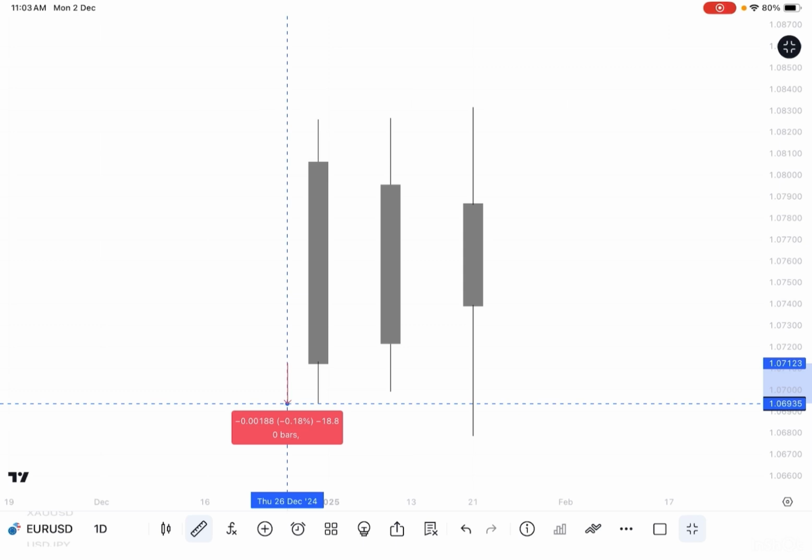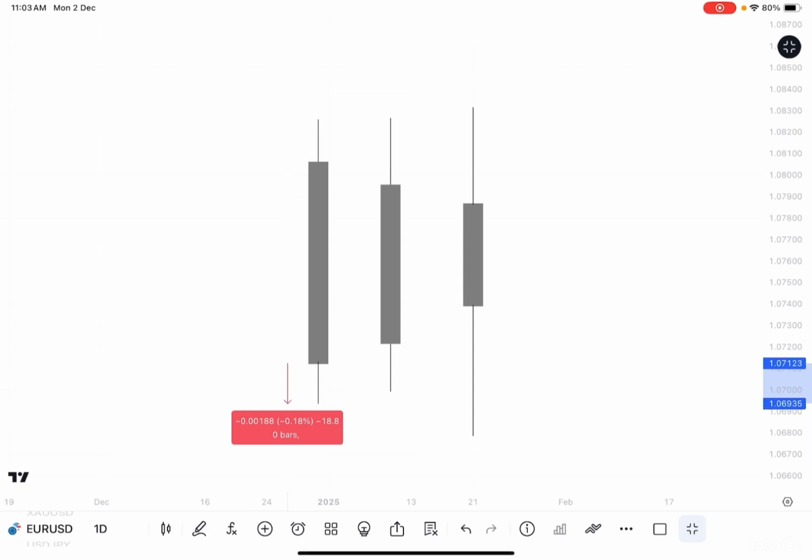Again you get the measurement of 0.18%. So add both wick values, 0.18 plus 0.18, and we got 0.36. Keep it in mind: the total length of the wicks is 0.36.